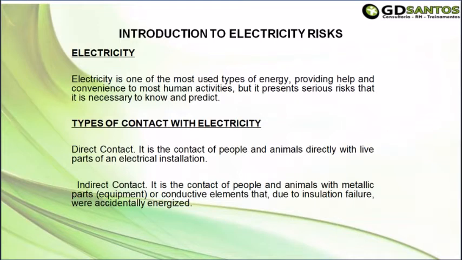These two types of contact are very common and well known by electricians in general, although it is never enough to remember that such risks can cause serious harm to people's lives.